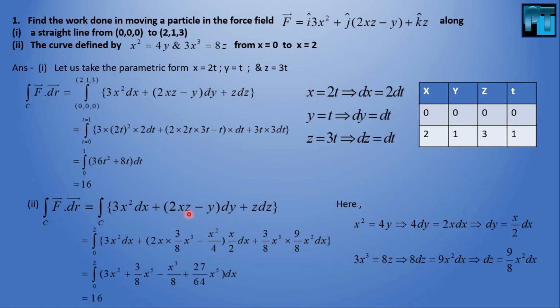We have put z equals 3x cube by 8, y equals x square by 4 here, and after simplifying this whole expression we find that the integration has been converted into 0 to 2, 3x square plus 3 by 8 x to the power 5 minus x cube by 8 plus 27 by 64 x to the power 5 dx. After necessary calculations we get the value of the integration as 16.